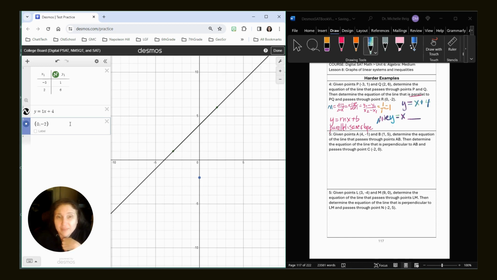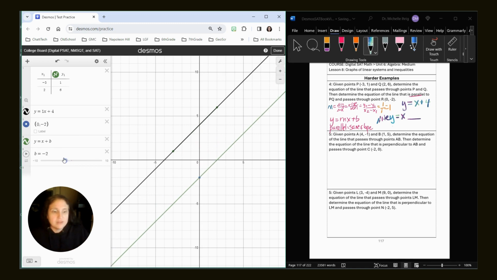You can just put x minus 2 and jump ahead, but let's show you the slider tool again. So I've got y equals x plus b. We'll add a slider for b, and we're going to move the slider until it goes through that point down there. Move, move, and boom, b is -2, so this will become -2, and that would be our answer for that.